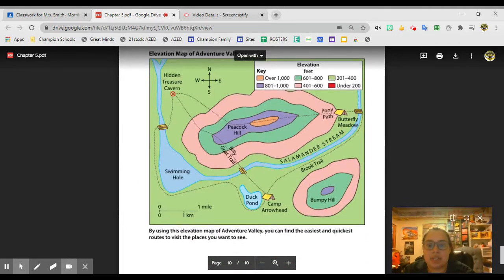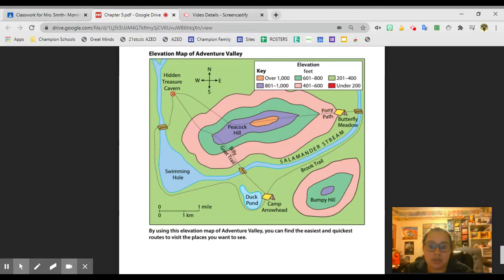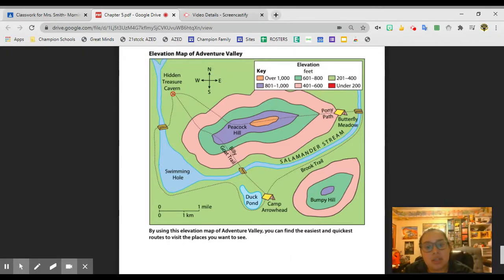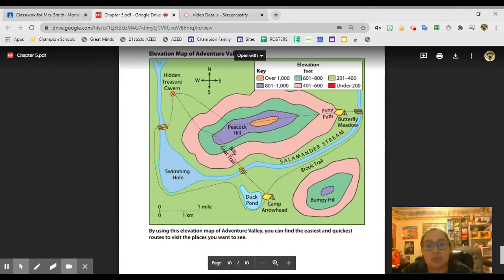So after we're done visiting here, we want to get to Camp Arrowhead. So we can take Brook Trail and come around on flat land, or we can take Billy Goat Trail and we will go up on the hill and back down the hill, but we don't get too high. However, remember, the purple says anywhere between 801 to 1,000 feet.